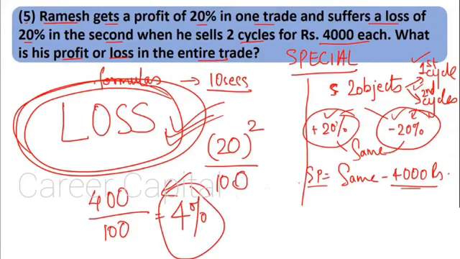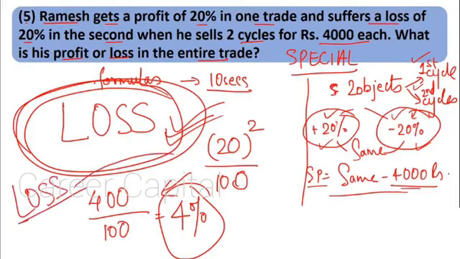See how easy it was. Whenever the selling price is the same for two trades or for two transactions, and in one transaction the person gets 20% profit and in the other transaction the person gets 20% loss, that means the percentages of profit and loss are the same, then the person will always suffer a loss, and the loss percentage is given by, take the percentage, do not say plus or minus anything, just take the percentage value, square it and divide by 100.